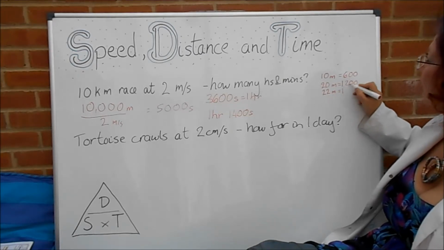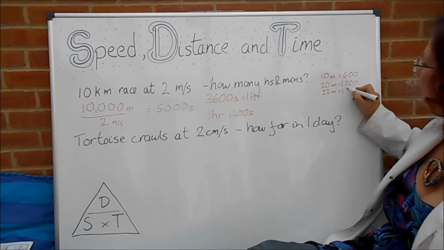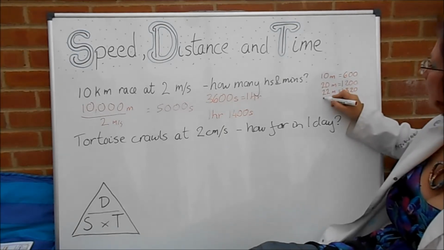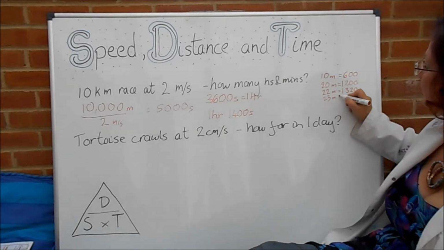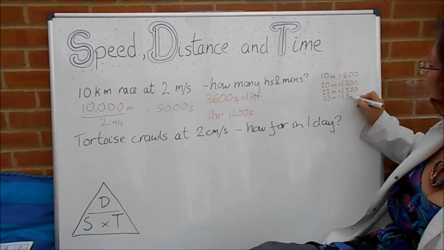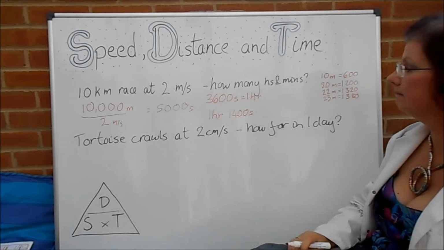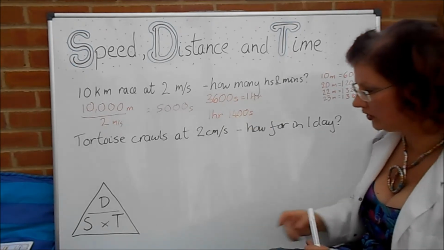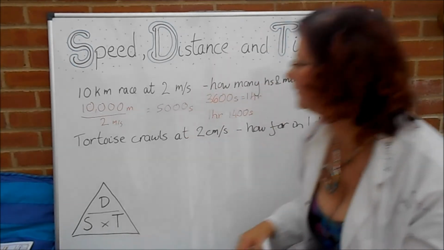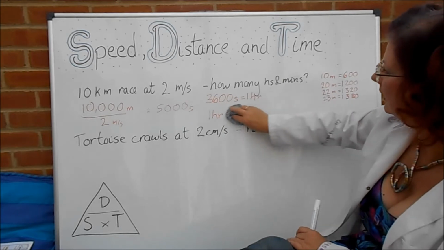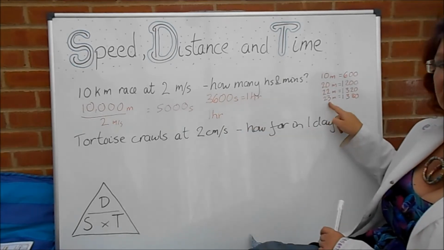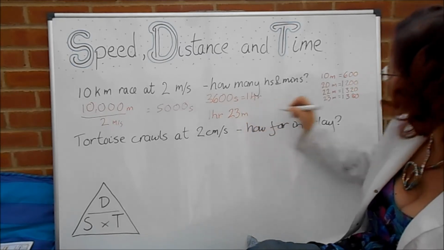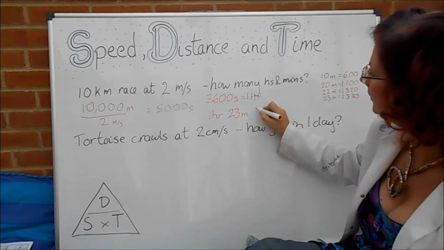That's 1,200 plus another 120, 1,320. Ooh, we're getting close. 23 minutes, 1,380. Well, I think that's the closest we're going to get to 1,400. So 1,400 seconds is 23 minutes, and we've got 20 seconds left over.